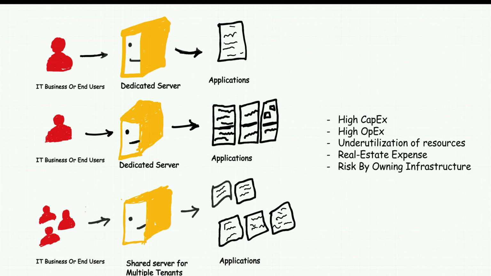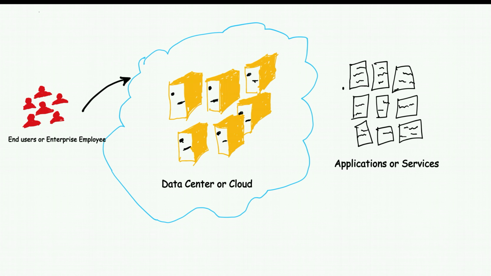So to overcome all these challenges, a new deployment model came into existence, where enterprise organizations don't have to buy a server. They can rent it from a vendor as per their usage requirement. That is nothing but the cloud vendors, who provide this compute power as a rented service. This vendor is also known as a cloud provider.